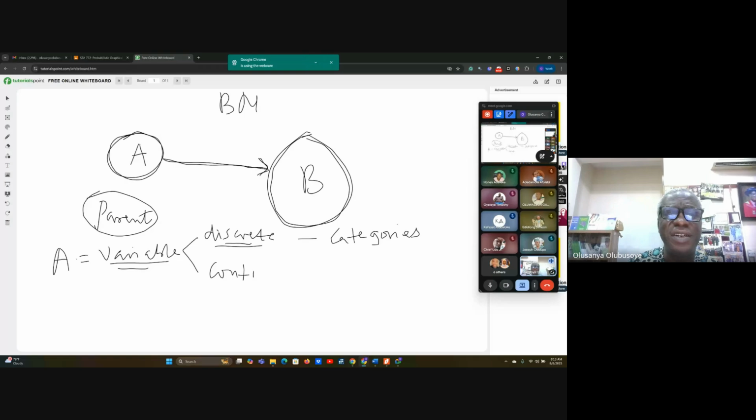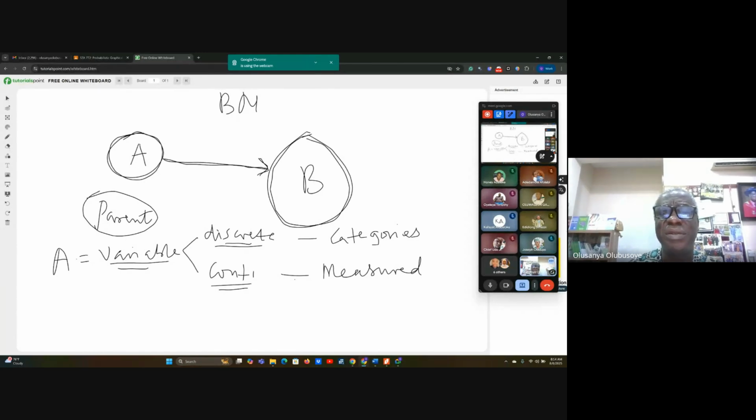And if the variable is measured, then we say it's continuous. Age is a variable, measured on a continuous scale. Weight, height, number of pages in documents, those are measured.